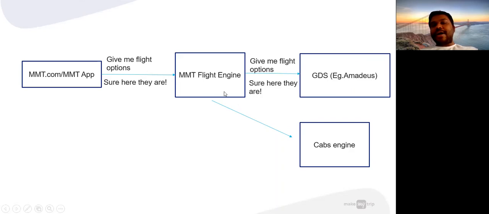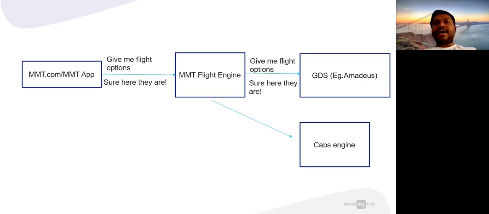For example, we have a feature called cabs. Let's say you're booking a flight, and I also try to pitch you a cab, say you are booking a Delhi-Bangalore flight, from Bangalore airport to your hotel or your office. When you arrive in Bangalore, you can book a cab through us also. So when we present the web page, we get information from GDS, but we also get information from our in-house cabs engine, which tells me that for the Bangalore sector I have these vehicle options available.